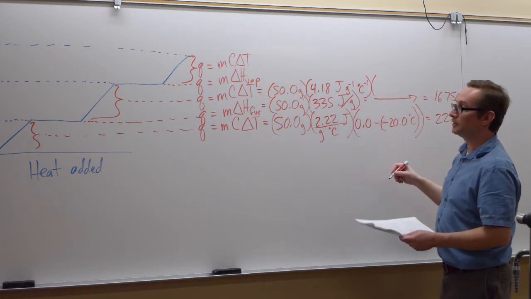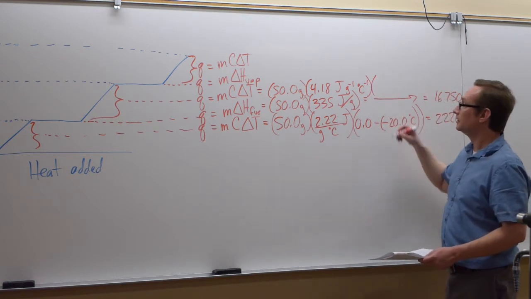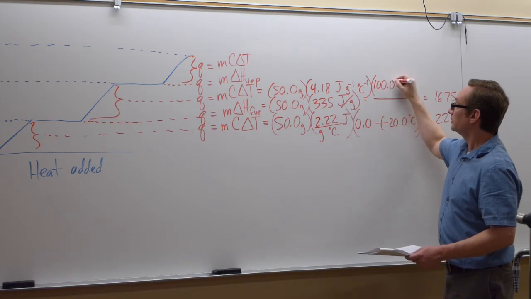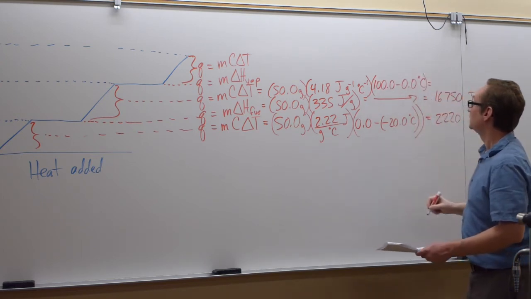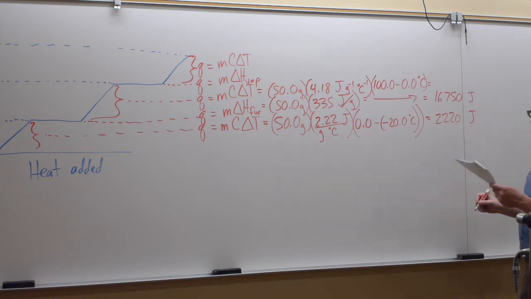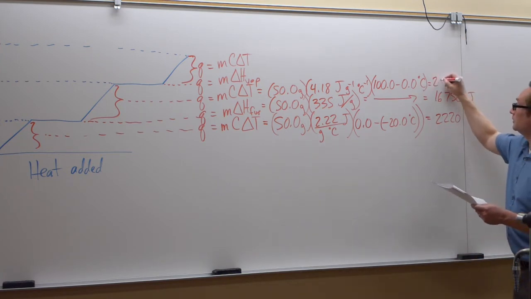And delta T is going to be what? Yeah, 100 minus 0. All right, so that's going to come out to be 20,900.